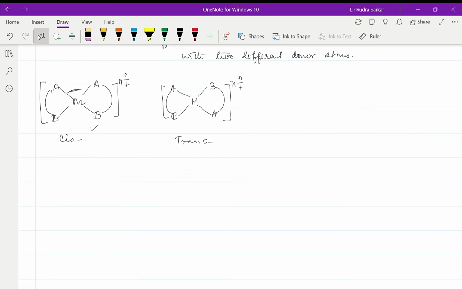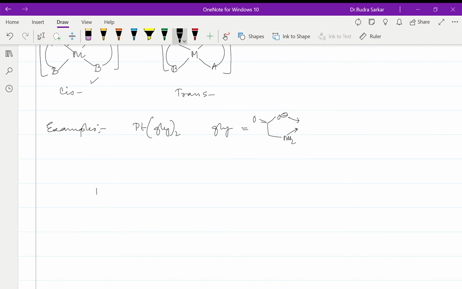Let us now talk about examples. In the examples we can say Pt(Gly) whole twice, where Gly is an unsymmetrical bidentate ligand, basically the amino acid glycinate, where there are two types of donor points, one coming from the O, one coming from the N. If one wishes to draw the complexes, this is how it will look.